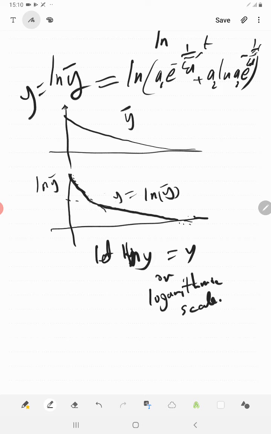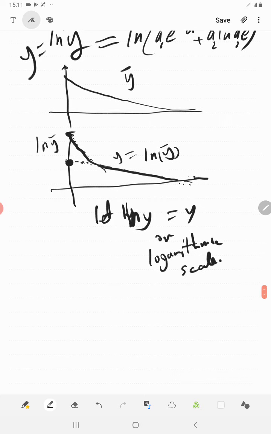Now from this we can trace the two linear parts. We can sketch this one, interpolate it until it intersects the point here, okay? So we know this point.